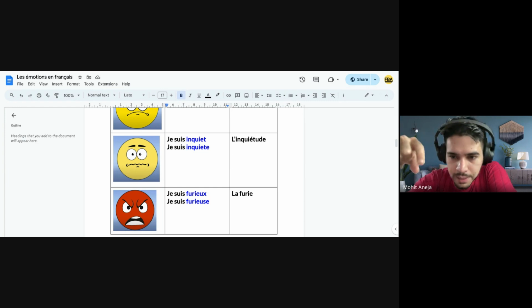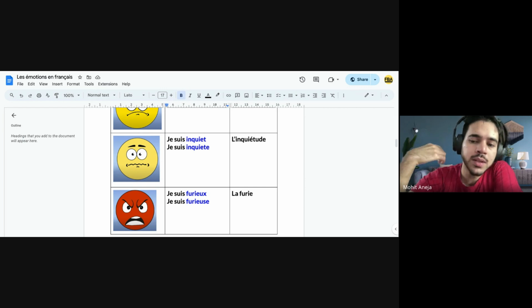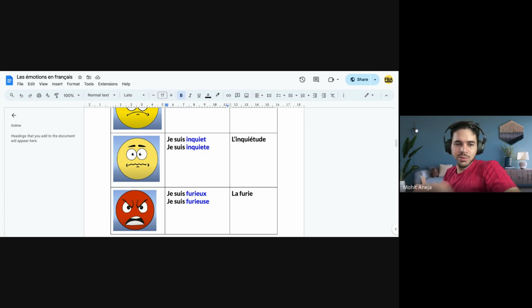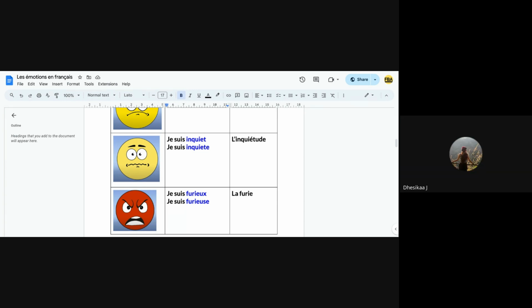In je suis, the second word is not at all starting with a vowel, so there is no scope for liaison. There is no sound with je that can be liaisoned to suis, or suis is already fully capable of being suis. Yeah, I'm getting this point. The thing is, je suis inquiet.